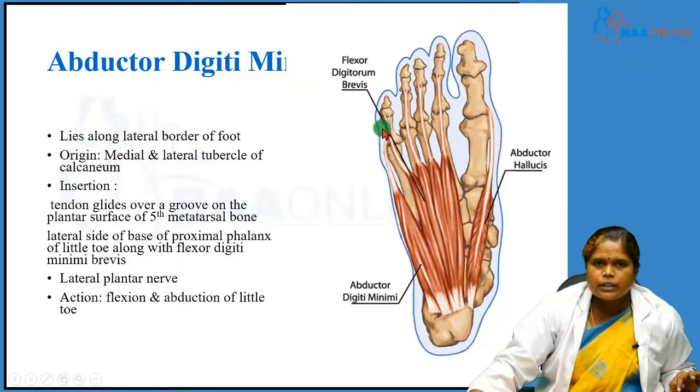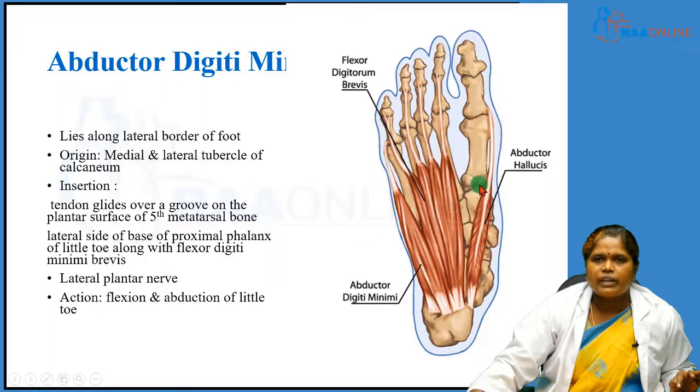Before reaching there, it grooves the plantar surface of the fifth metatarsal bone. Since this is the lateral most muscle, it is supplied by the lateral plantar nerve, and it produces flexion and abduction of the little toe. That is Abductor Digiti Minimi.